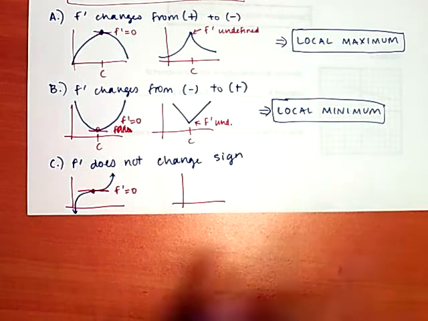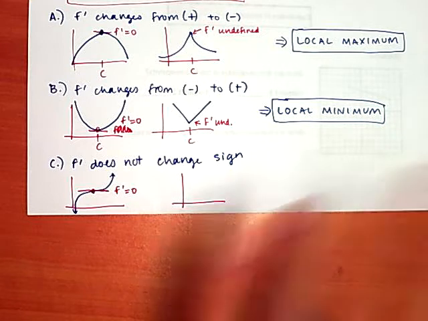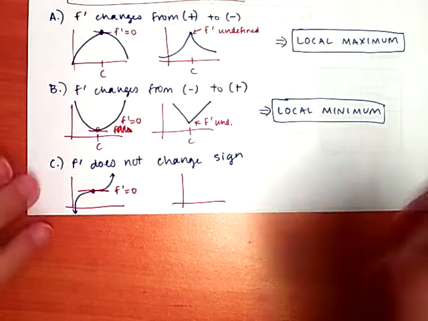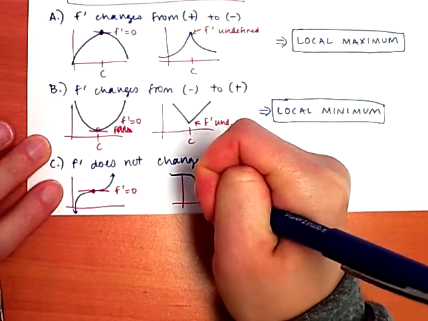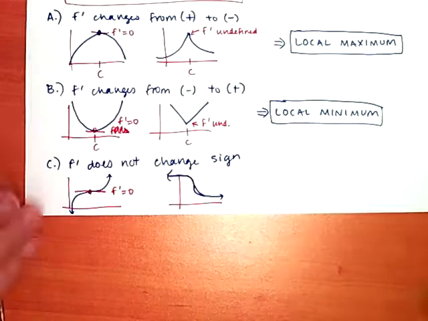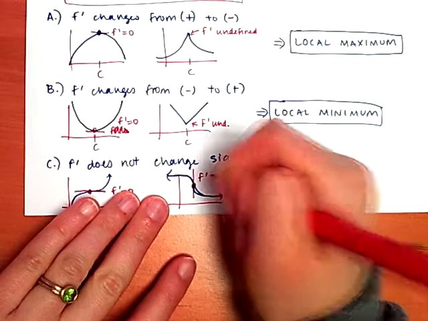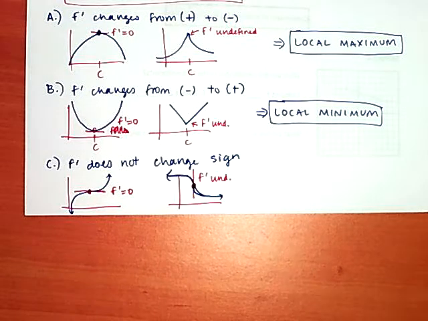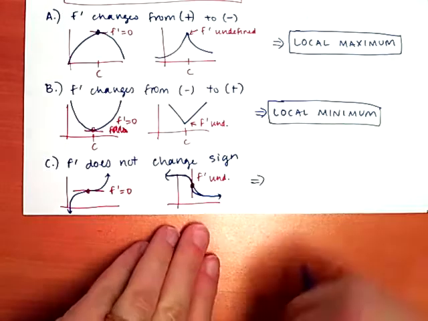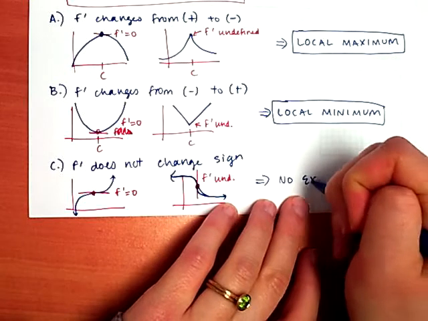Or you could also have something where the derivative is undefined and it still doesn't change sign, so a vertical tangent would work. Oh, I didn't draw that so well. There's a place right there where f prime is undefined, but this is not a max or min. So the idea is if the sign of f prime doesn't change, we don't have any extrema at that point.